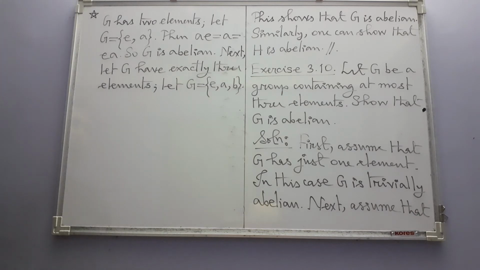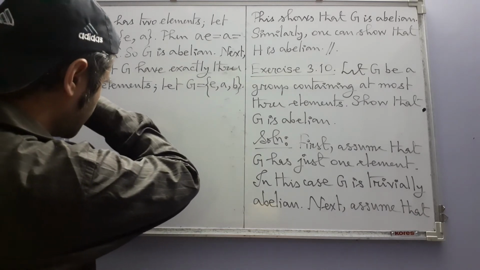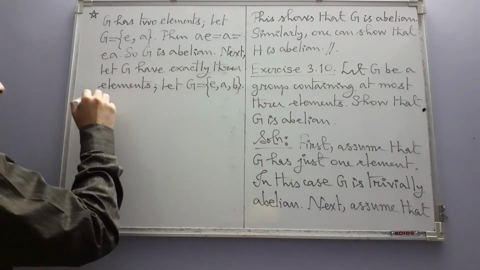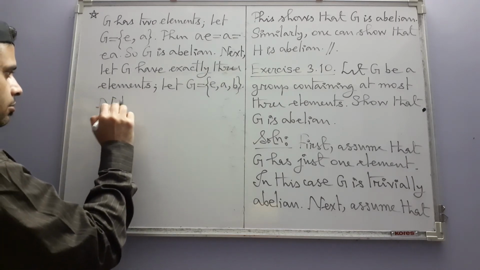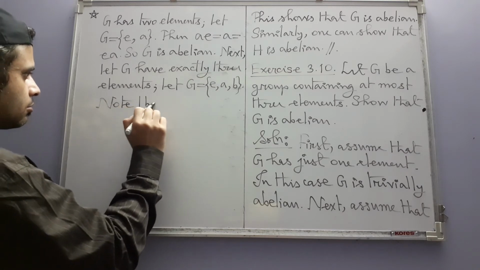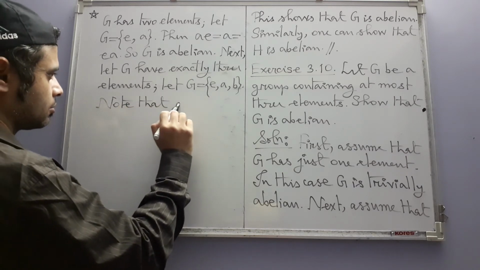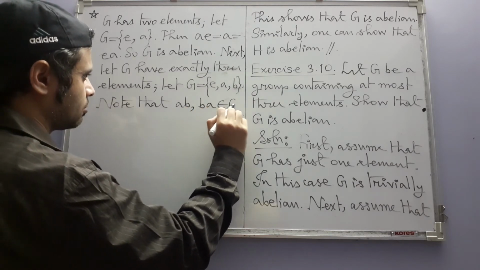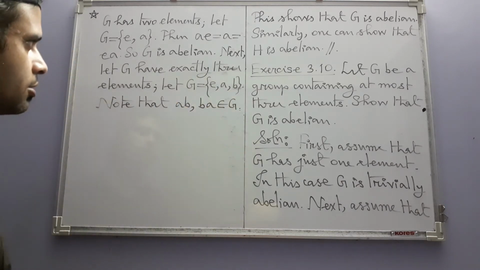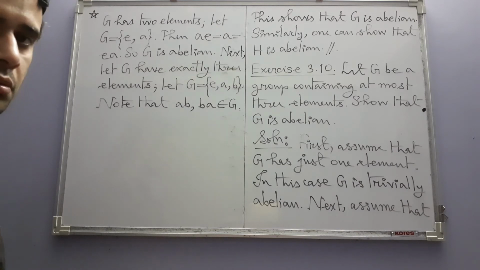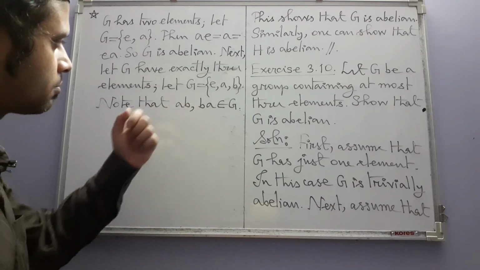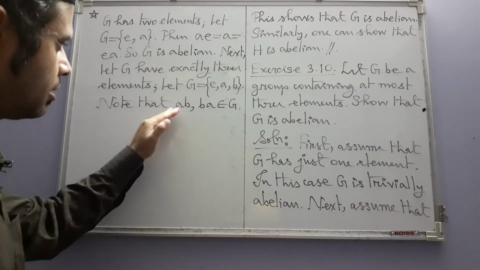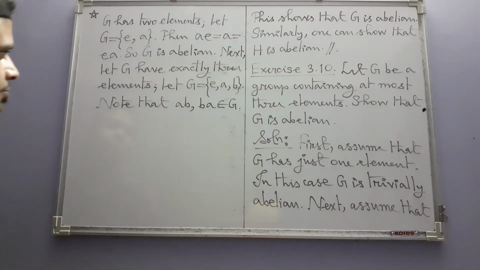So we have to have some sort of argument to justify that they are equal. Note that AB and BA both belong to G, because G is closed under its binary operation. Whatever they ultimately turn out to be, they after all are in G.